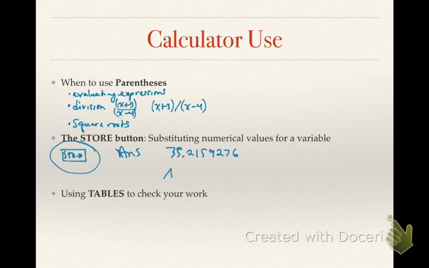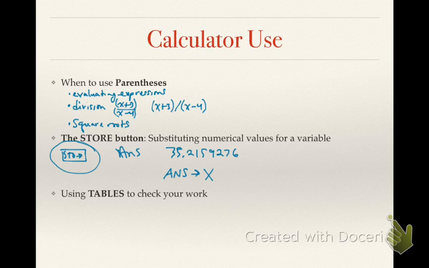And you can store it as any variable you want. You can hit alpha A, alpha B, you can hit just the X button. So that every time you type in that variable in the calculation window, it'll give you a substitution of what you assigned it to.